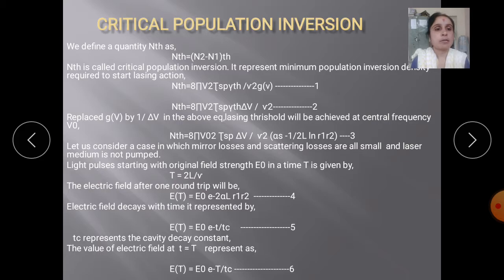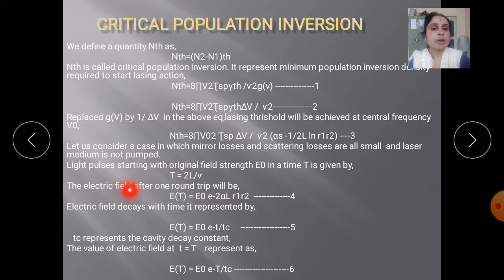The round trip time is T equal to 2L by v, where L is the distance between the two mirrors.